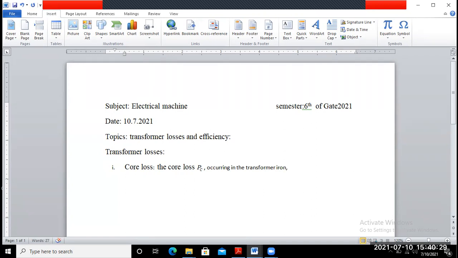So it consists of two parts. One is known as the hysteresis loss, another is known as the eddy current loss. Okay. So it consists of two parts.